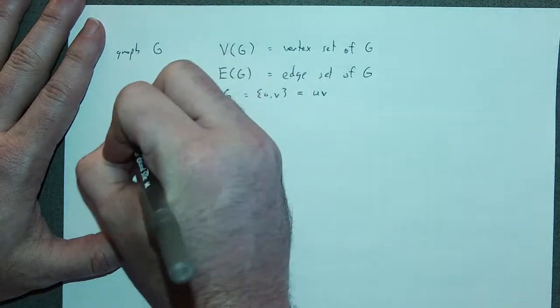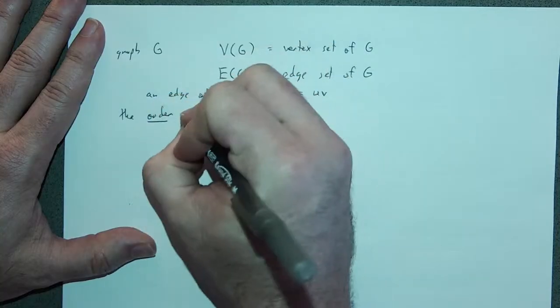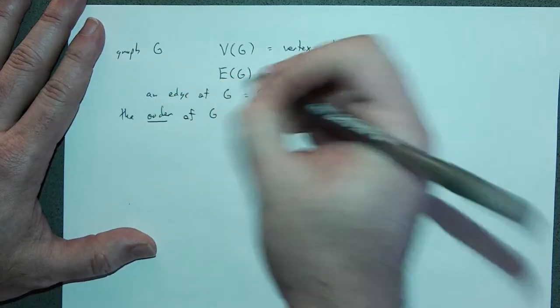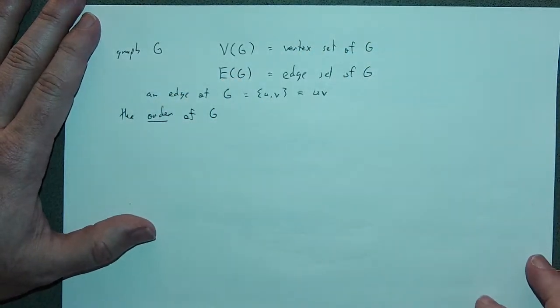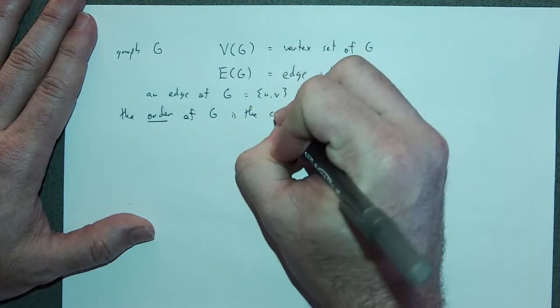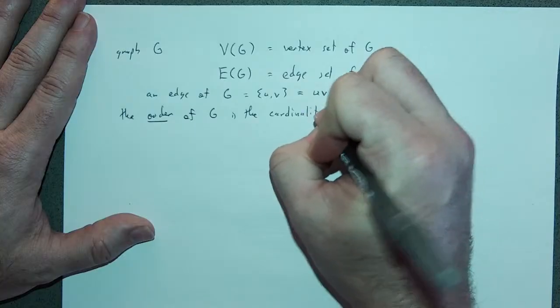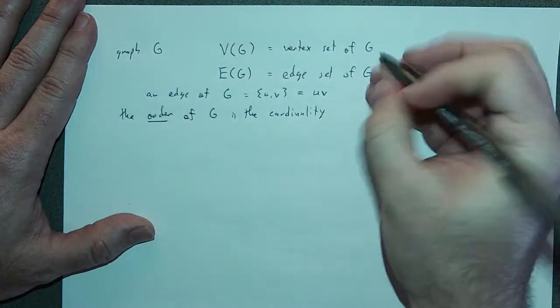The order of a graph G is the cardinality of its vertex set. You might say, why don't you just say size? You'll see why I don't just say size.